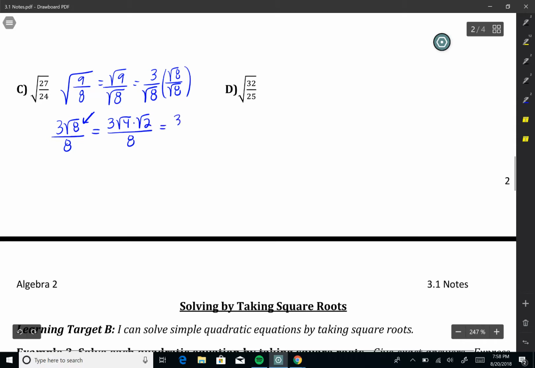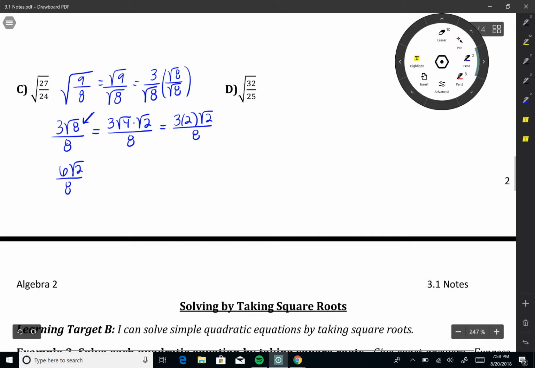And the square root of 4 is 2. And I can take 3 times 2, and that gives me 6. So I have 6 rad 2 over 8. And finally, I actually can reduce 6 and 8, right? They're both even numbers. And so I can change that to 3 rad 2 over 4.